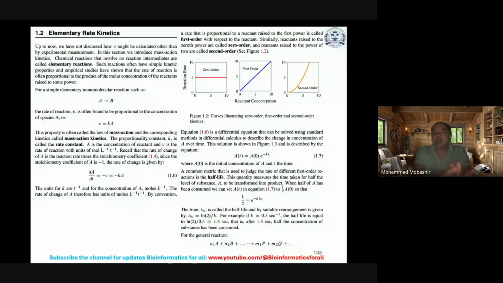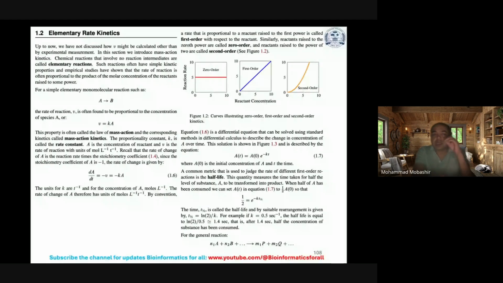For a simple elementary monomolecular reaction, A, the reactant, gives B. The rate of reaction V is often found to be proportional to the concentration of the species A. So here V equals K multiplied by A. This property is often called the law of mass action, and the corresponding kinetics is called mass action kinetics.